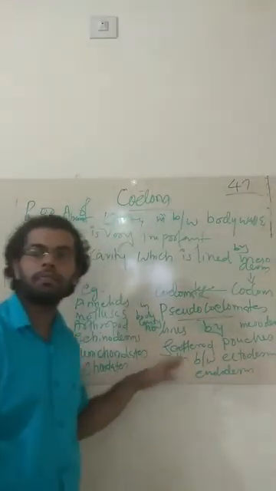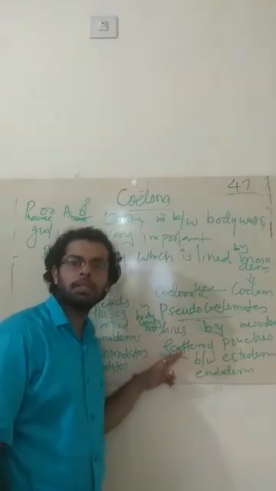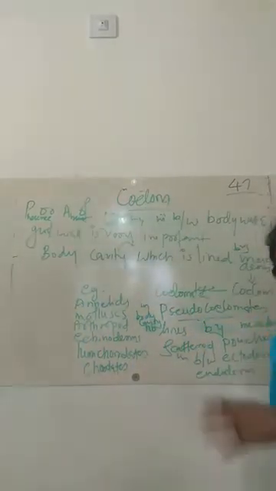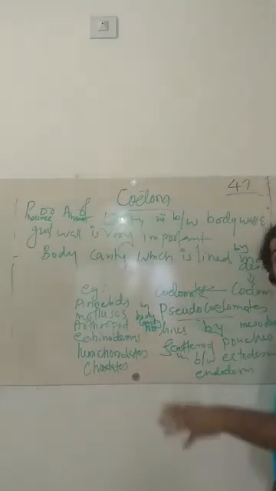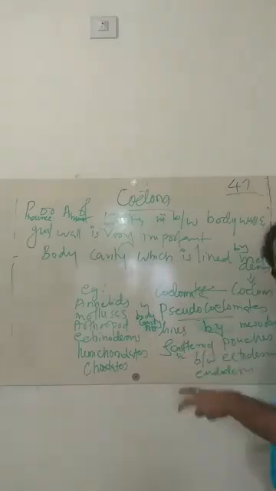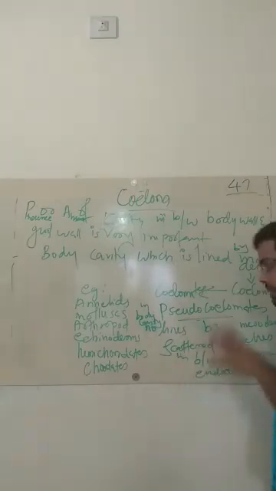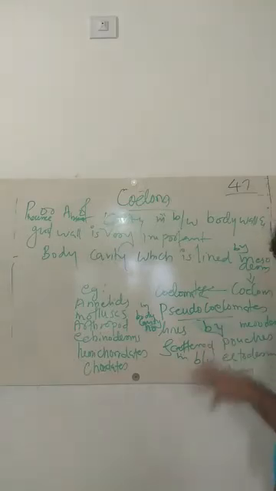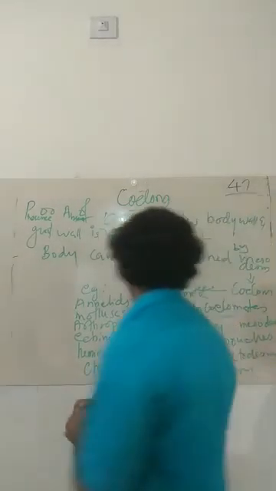But yes, in some animals the body cavity is not lined by the mesoderm. Instead, the mesoderm is present as scattered pouches in between the ectoderm and endoderm, and such a body cavity is called pseudocoelom. The animals possessing pseudocoelom are known as the pseudocoelomates. Example, Aschelminthes.